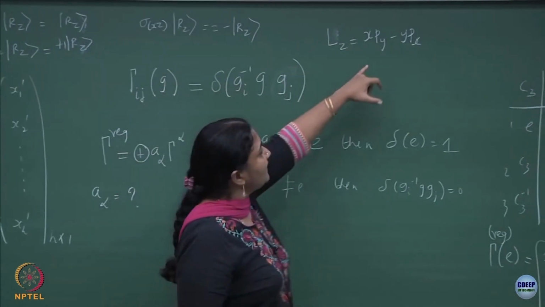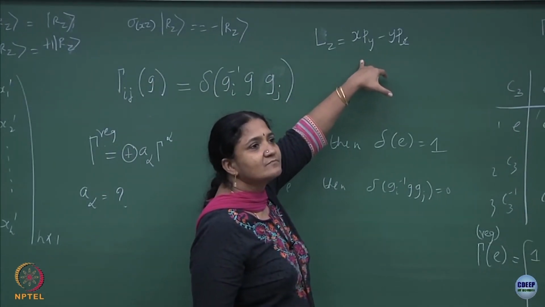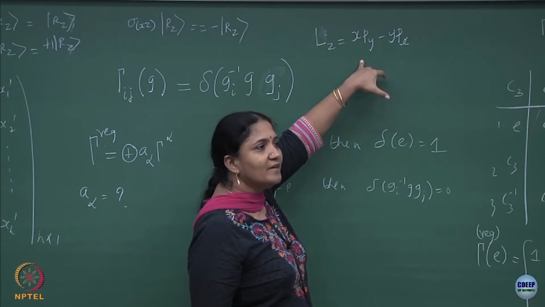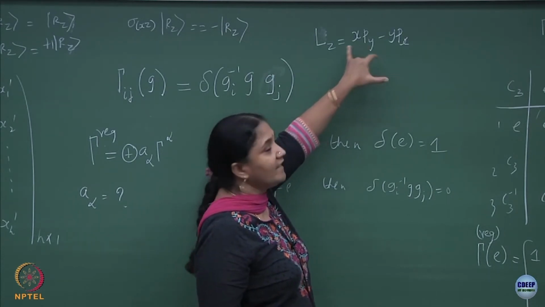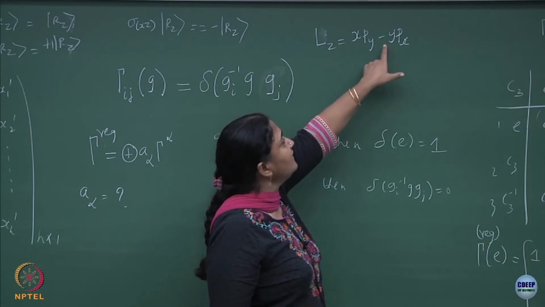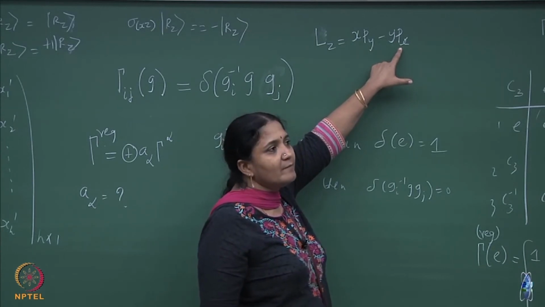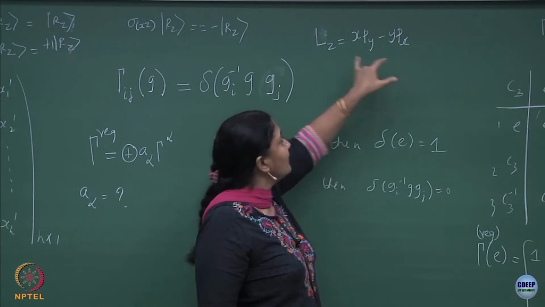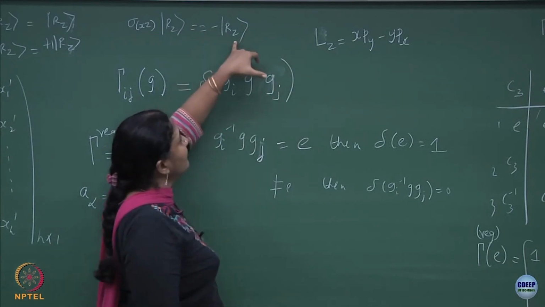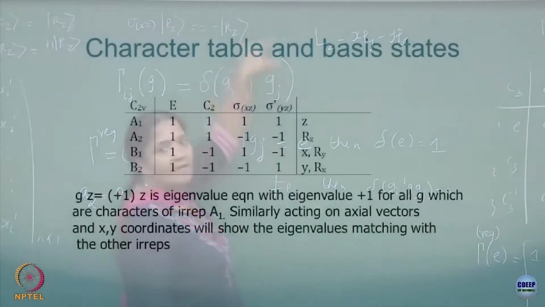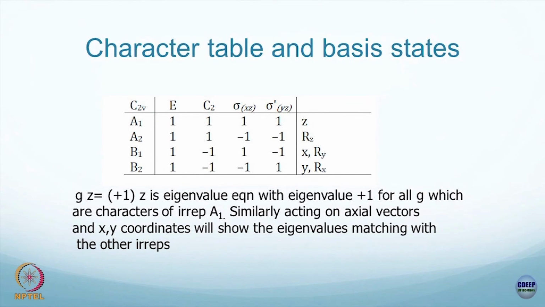Sigma xz on py, what happens? Y component changes sign. So, there will be a negative sign. Similarly, here the y coordinate will change sign, but Px, which is the momentum x component, will not change sign. So, essentially you will get a negative sign on the other side, and that is exactly what you have here. -1 is the number which you have to get whenever you operate the sigma xz element on the A2 irrep.